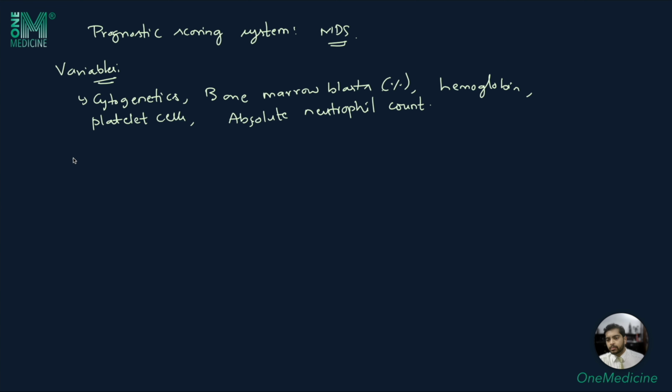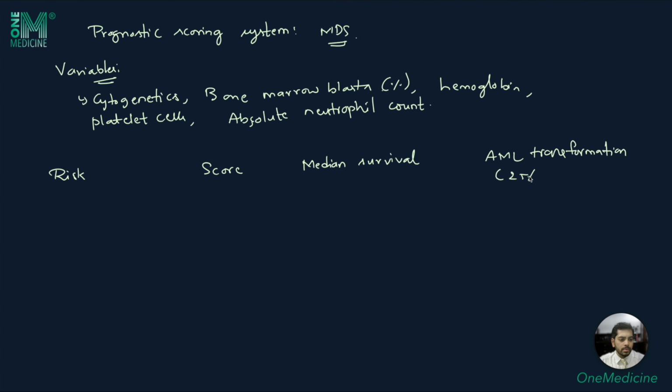It's important to understand the prognostic scoring. There is risk, there is the score, there is median survival, and the time for AML transformation in 25% of the patients. So risk is categorized as very low, low, intermediate, high, and very high.